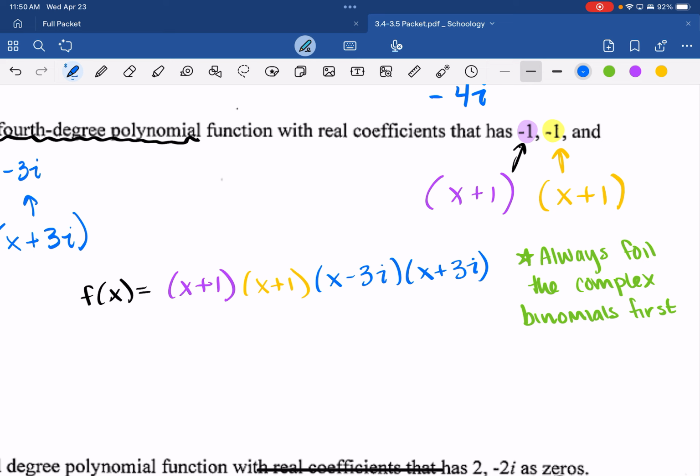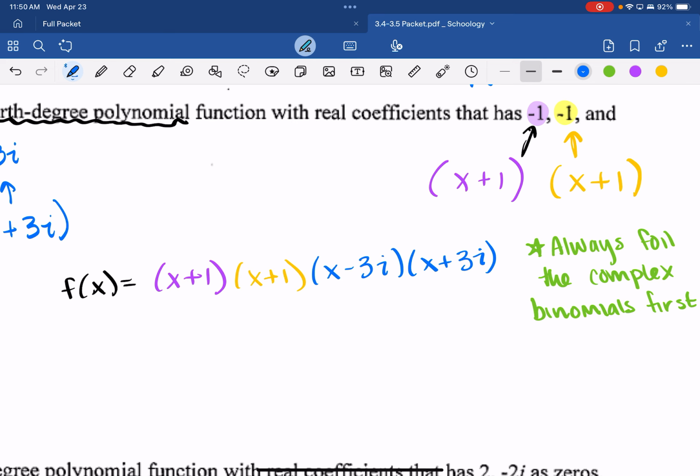So let's just FOIL out my blue binomials here. Those are the two with the i in them. So if I FOIL this out, I get x squared plus 3i x minus 3i x. Then I get a minus 9i squared. Okay, that's just me FOILing. I'm not even touching the other two yet.